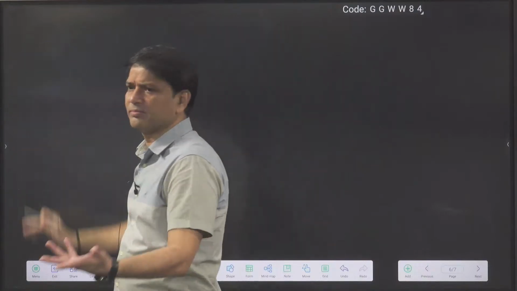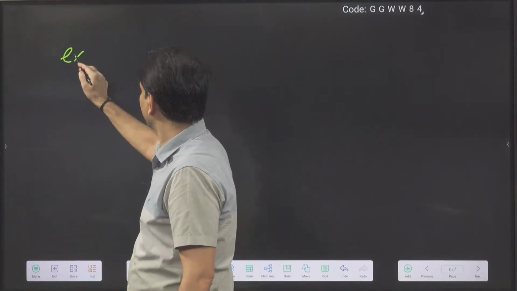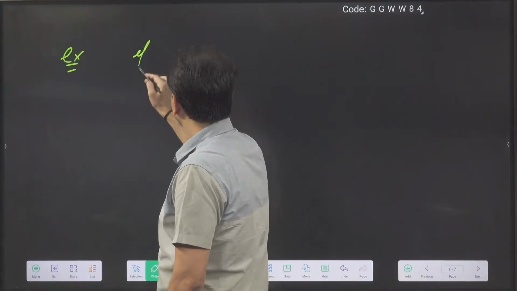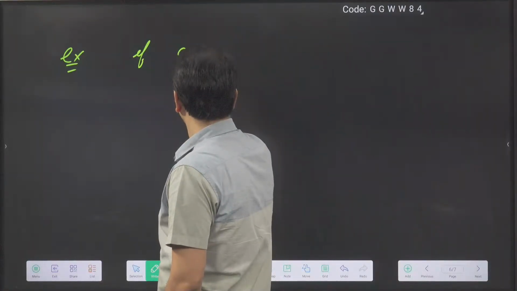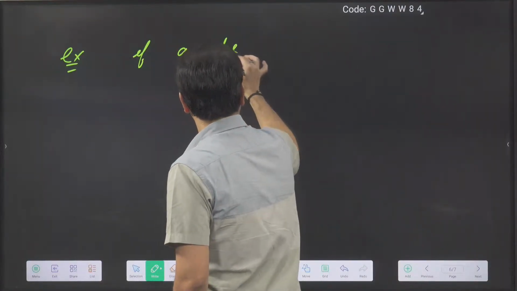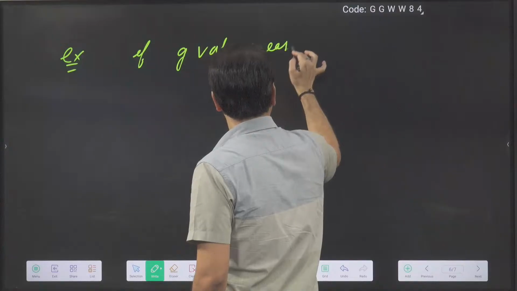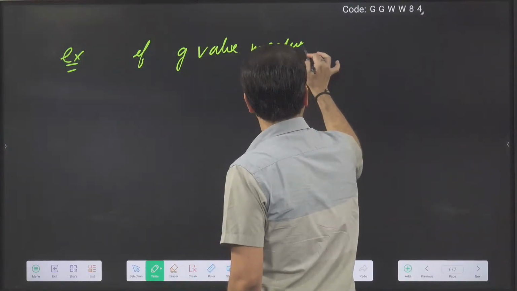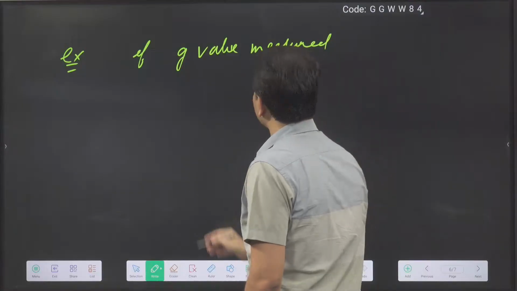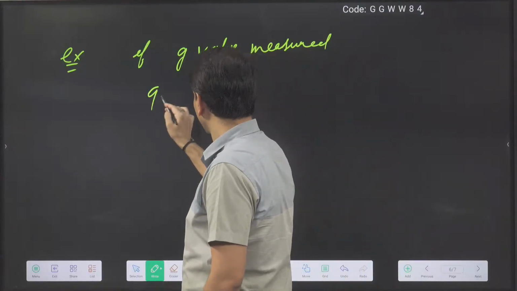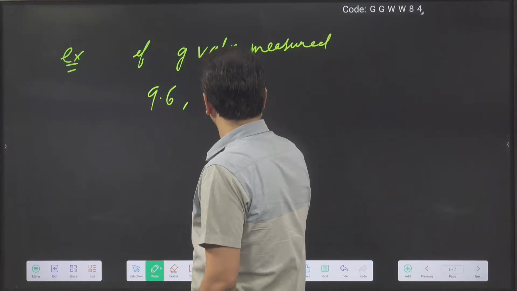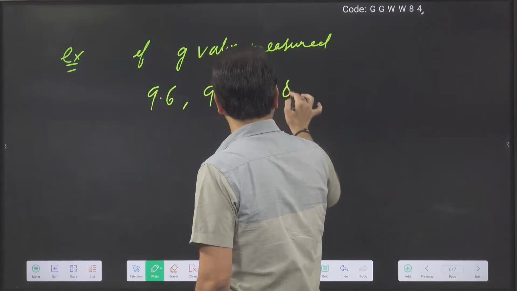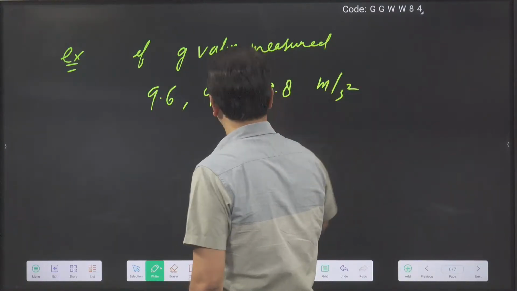One small problem for practice. The G value is measured as 9.6, 9.9, 9.8 meter per second square.